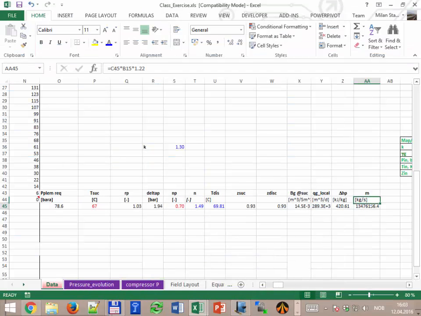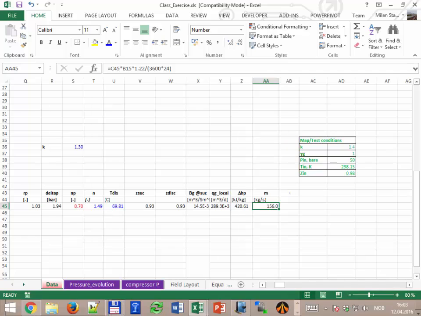So actually, this number is going to be a bit smaller than what we. Okay, and then so that's mass in the right units, and here I have power.